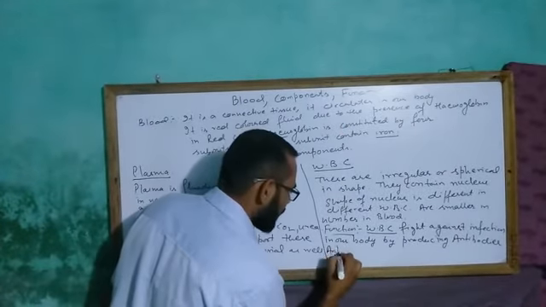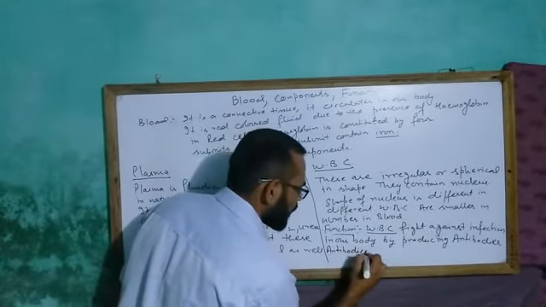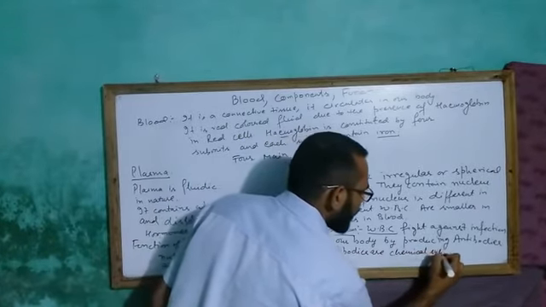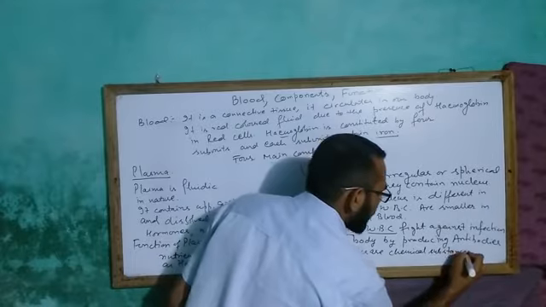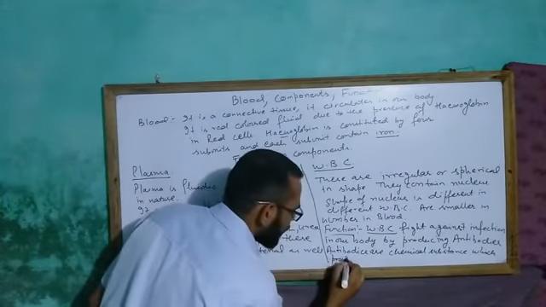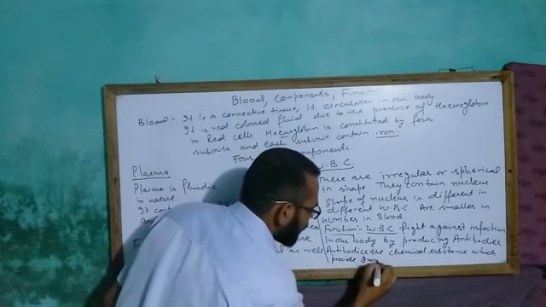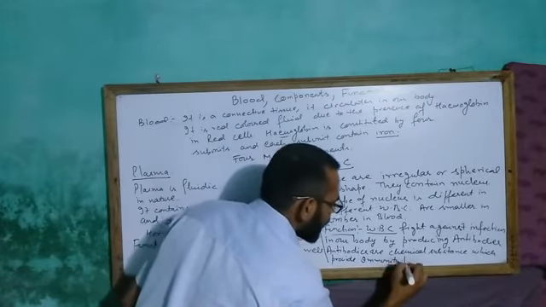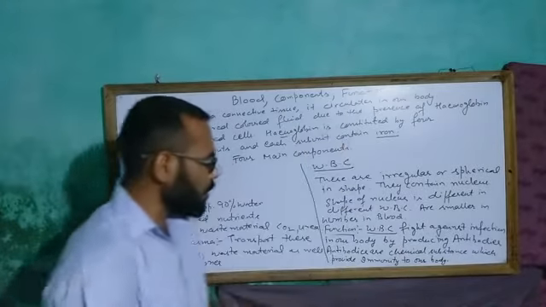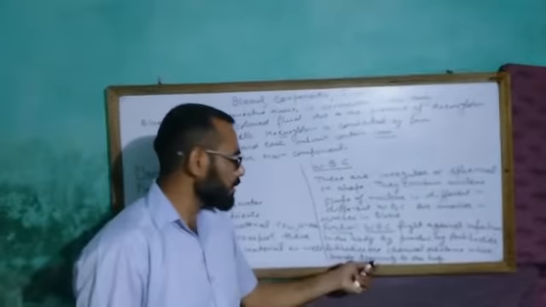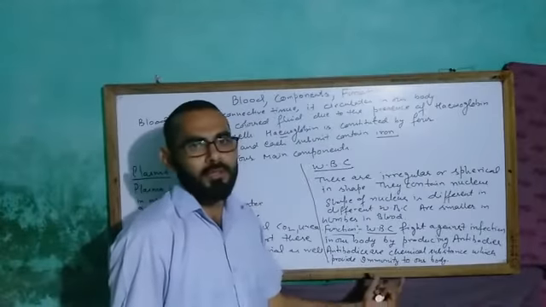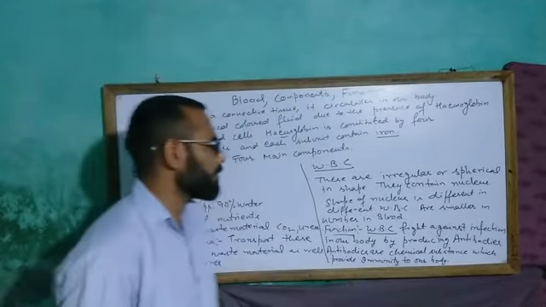Antibodies are chemical substances which provide immunity to our body. Immunity means the ability of body to resist against infection or any disease.